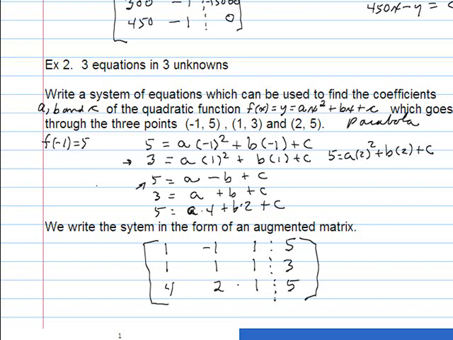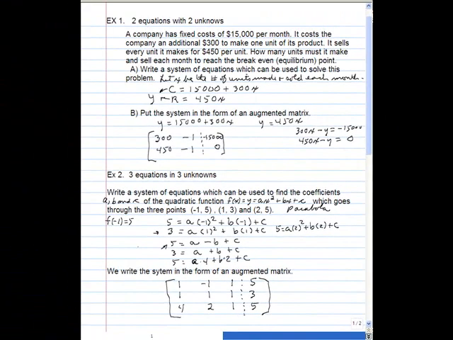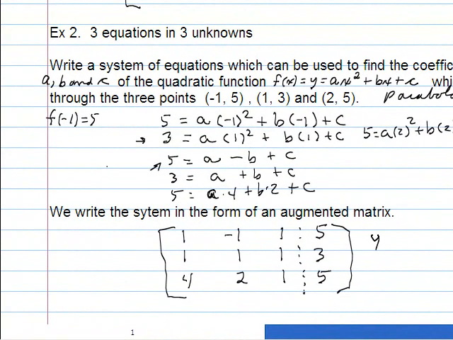Now if I solve that augmented matrix, that's going to tell me what A, B, and C are. And once you know what A, B, and C are, you just plug them into that formula. And I can tell you what they are.